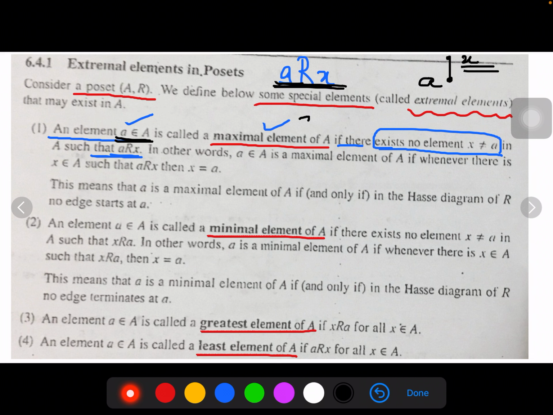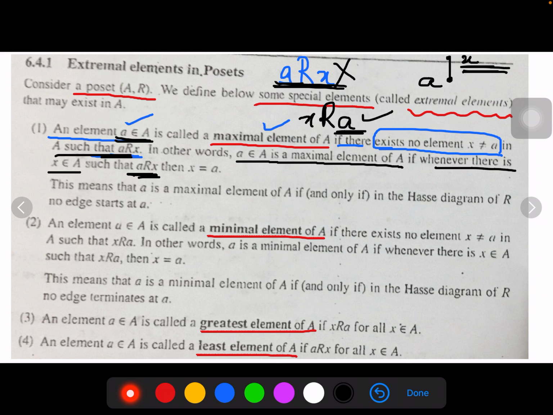There can be x related to a, because as per this definition, a comes in the maximal element position. It is on top of the diagram. So this is allowed, but not the other. That is the meaning of a maximal element. In other words, a belonging to A is a maximal element of A if whenever there is an x in A such that a is related to x, then x must be the same as a.